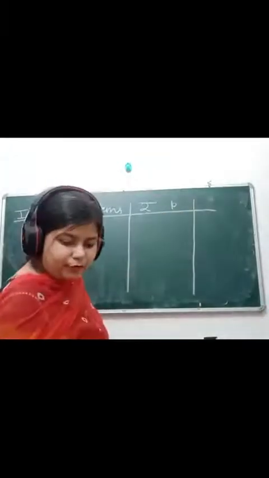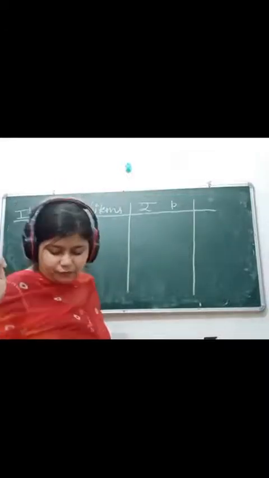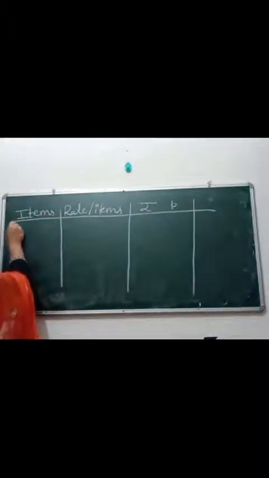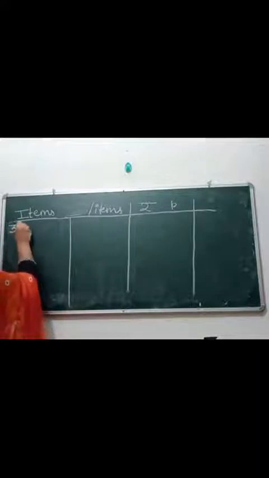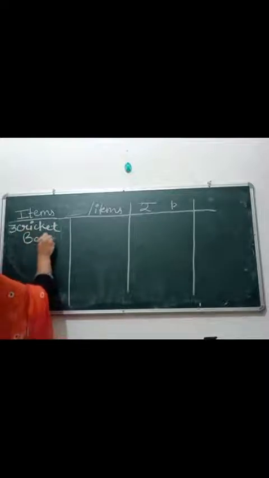So first we have to find in this question 3 cricket bats and 1 water bottle. We have to make a bill of 3 cricket bats. So how many cricket bats? 3 cricket bats.